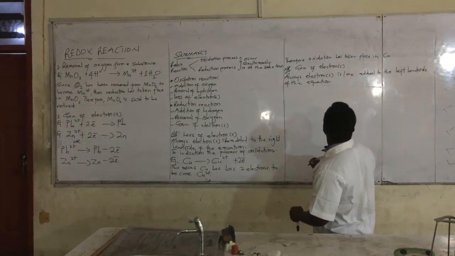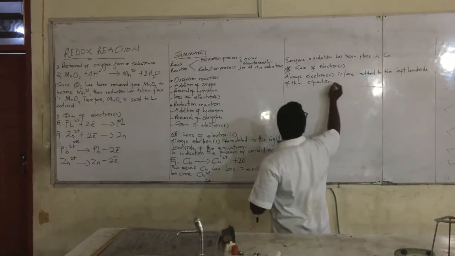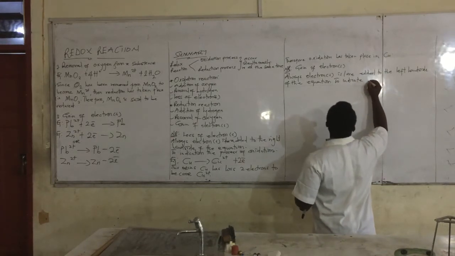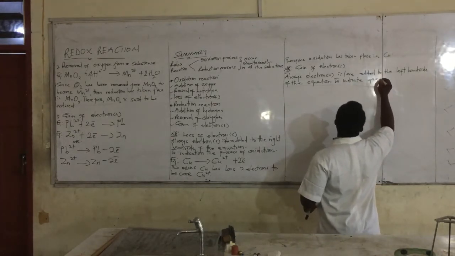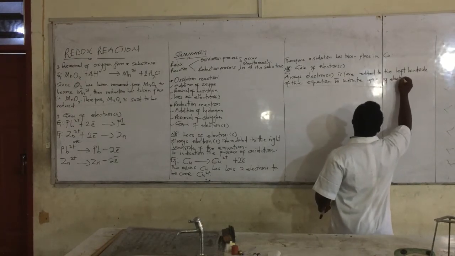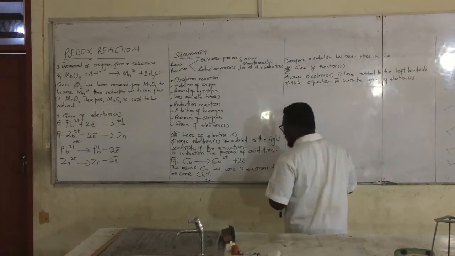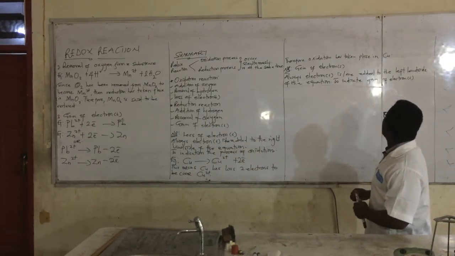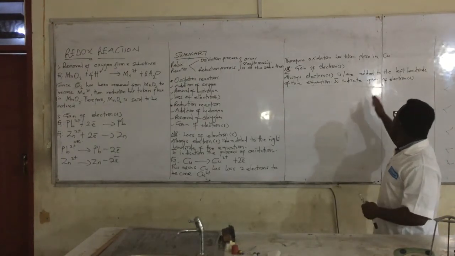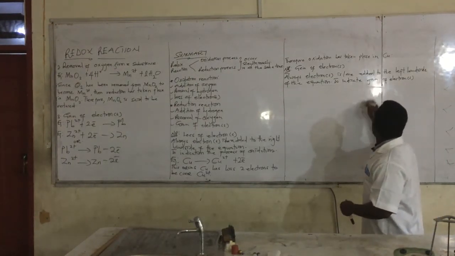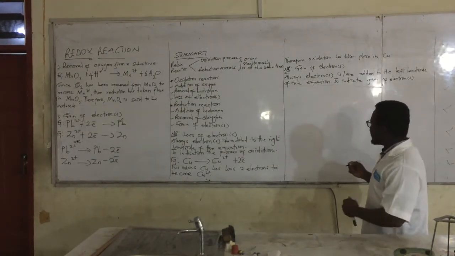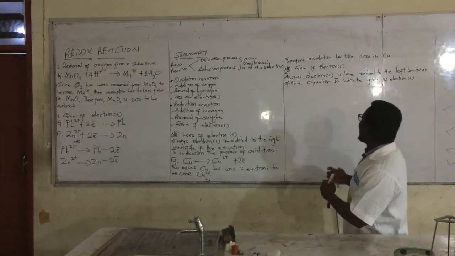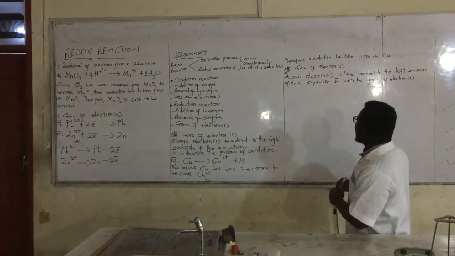So electron is added to the left hand side of the equation to indicate gain of electrons. So electron or electrons are added to the left hand side of the equation to indicate gain of electron or electrons. So this is a typical way of describing the process we call reduction.